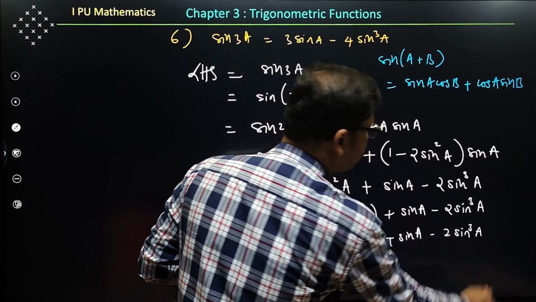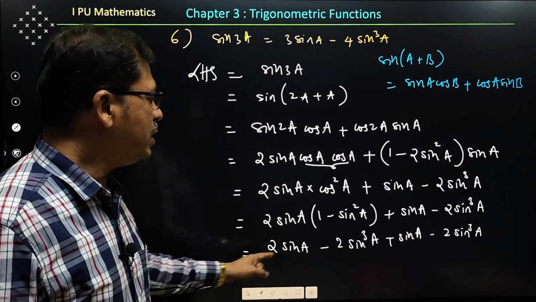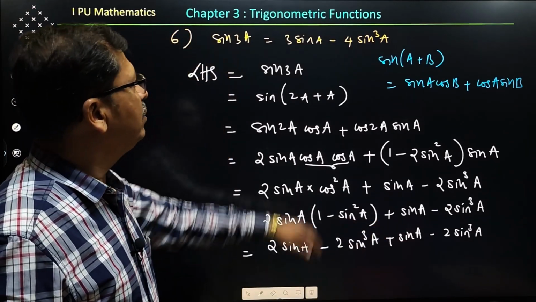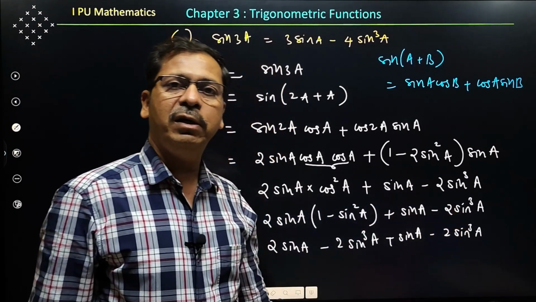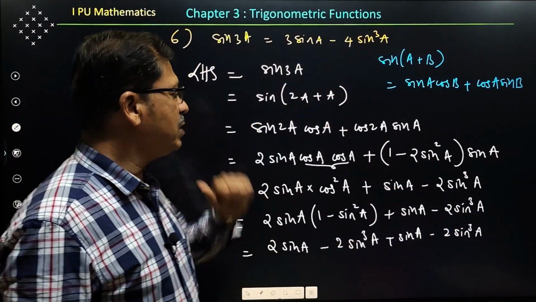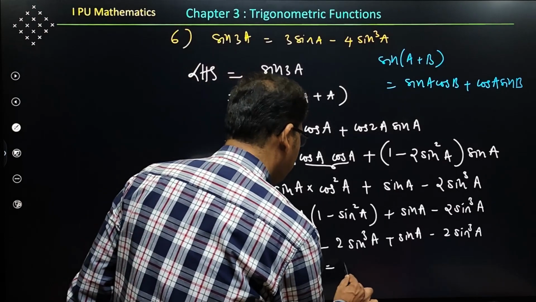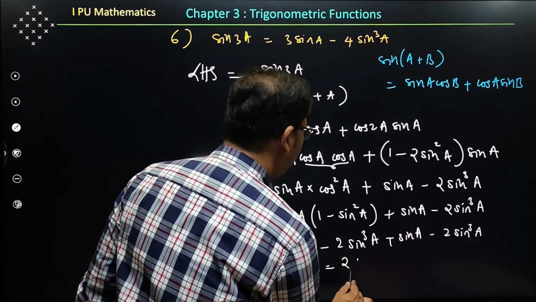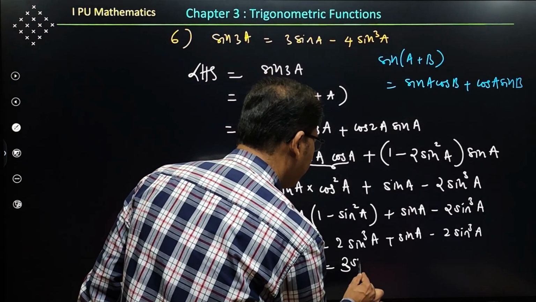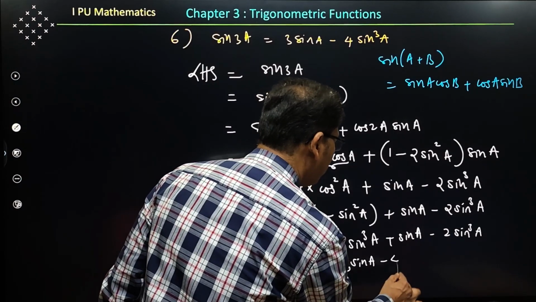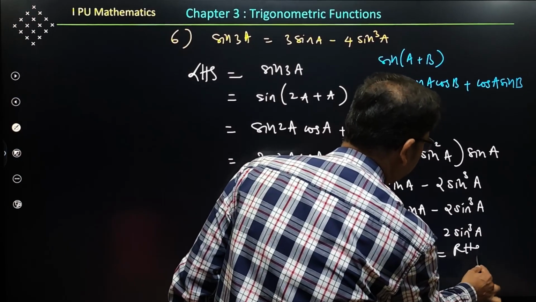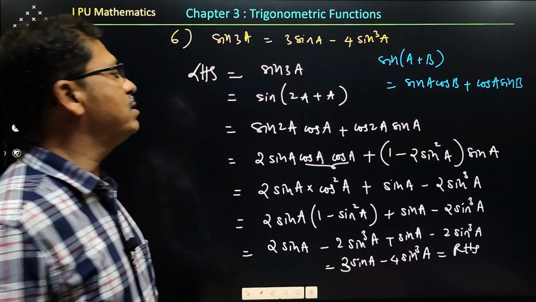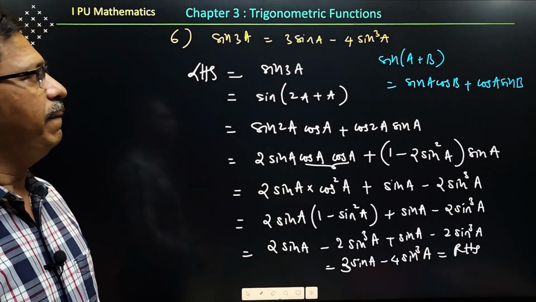I hope you will get the answer at this stage. 2 sin a plus sin a is 3 sin a, we got it. Minus 2 sin cube a minus 2 sin cube a, you can add up, minus 4 sin cube a. So the answer is 3 sin a minus 4 sin cube a, and this is what our required RHS. And this completes the proof of the result sin 3a.